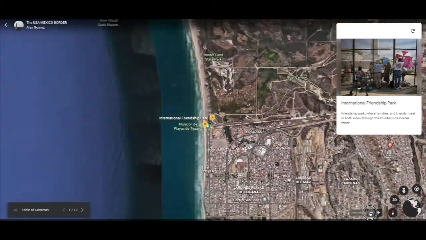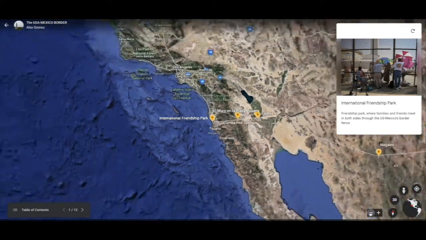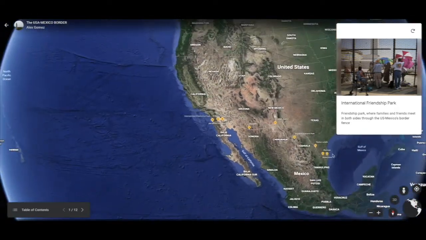Most of you who took Chicano Studies 101 or 102 learned that this border was established in the Treaty of Guadalupe Hidalgo in 1848. But I do not want to go back to 1848. I want to talk about our contemporary border because that's the one that we are dealing with at this very moment.